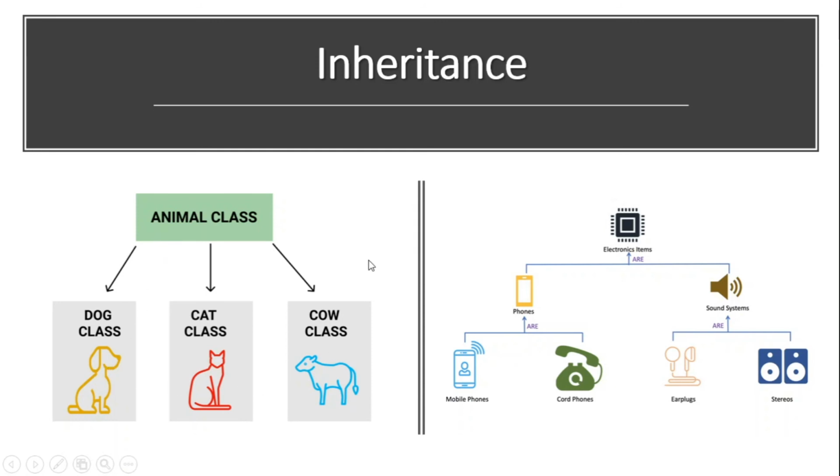Let's say they all eat, they all move, they all have colors. They don't all drink, because I don't know if fish drink or not. But let me just focus on one: breathe. All of them breathe. So the cat, the dog, the cow, and the fish, all of them breathe.